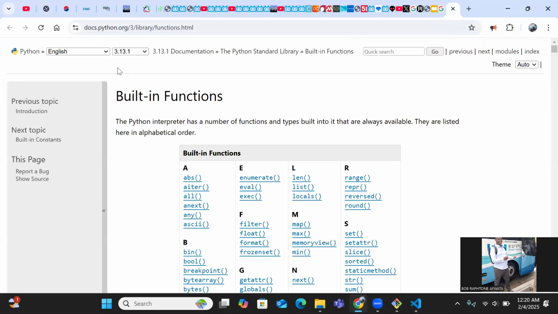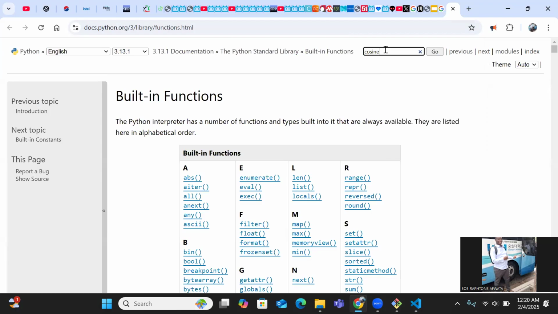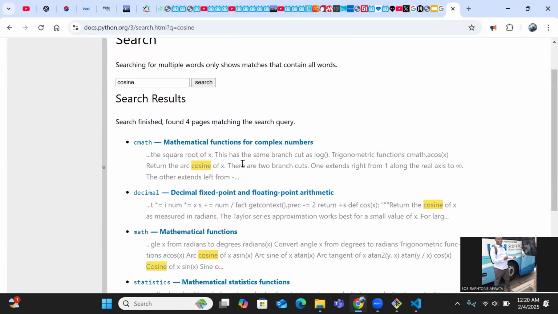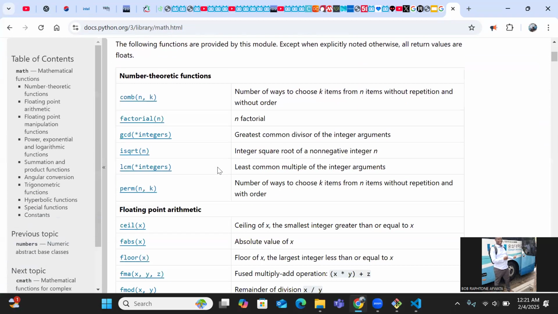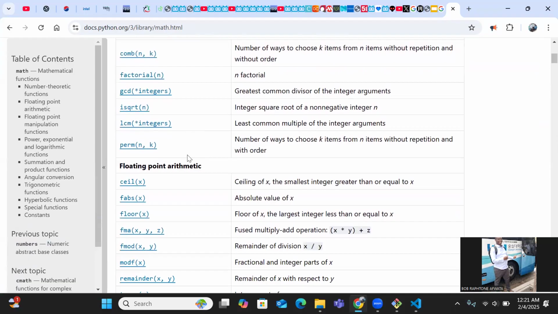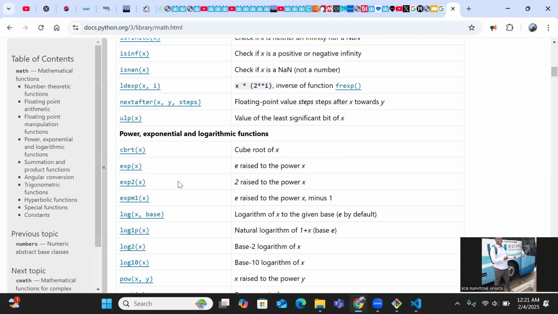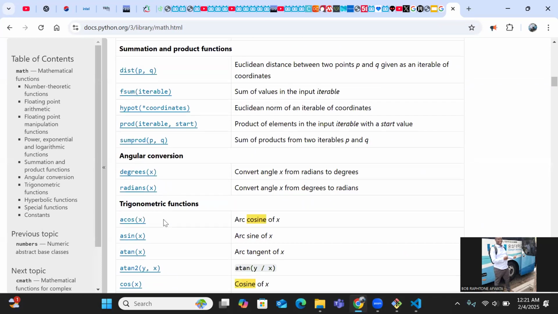You can check online Python documentation, then you look for cosine. Log, square root. Oh, it is a cos.